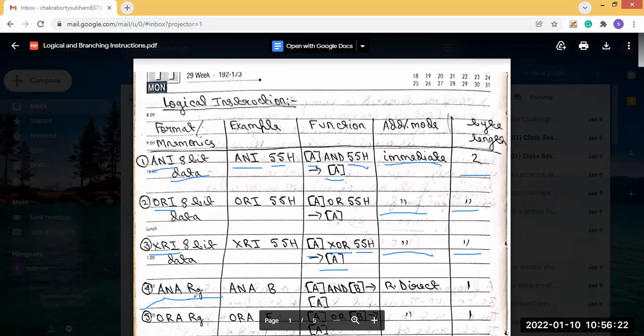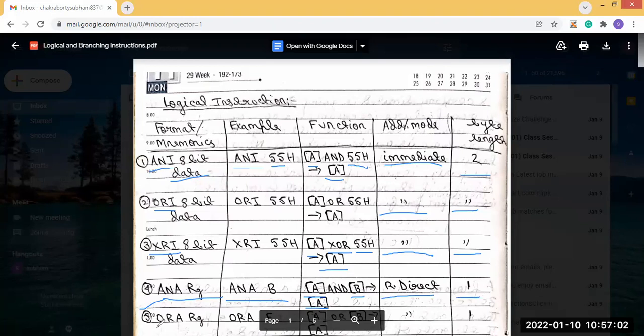For example, ANA B: the content of the accumulator and the content of the B register are ANDed, and the final product is stored into the accumulator again. Since a register is involved, it is register direct, there is no numerical value, and the byte length is 1.